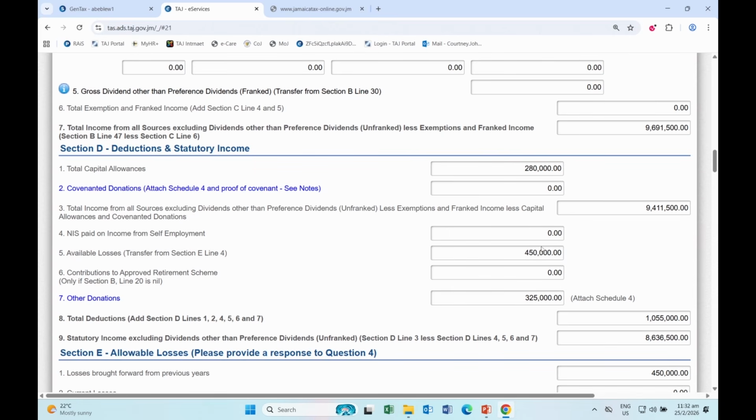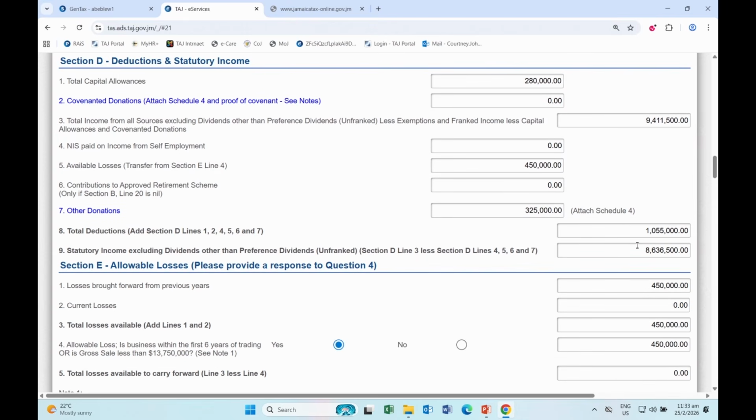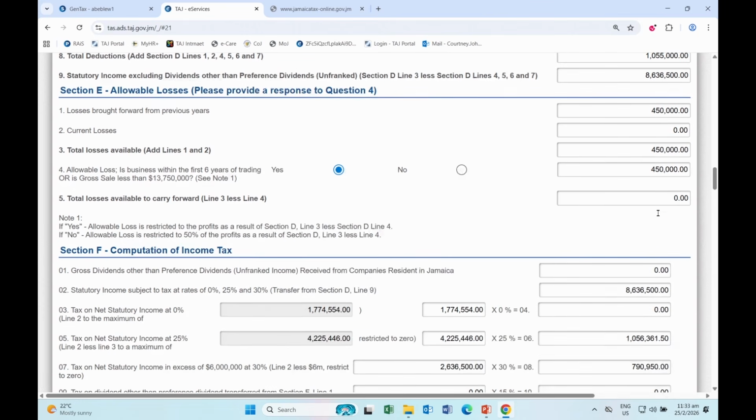And when we total the donations, capital allowance, and the losses, that came to $1,055,000. So when we remove that amount, what is left is $8,636,500.